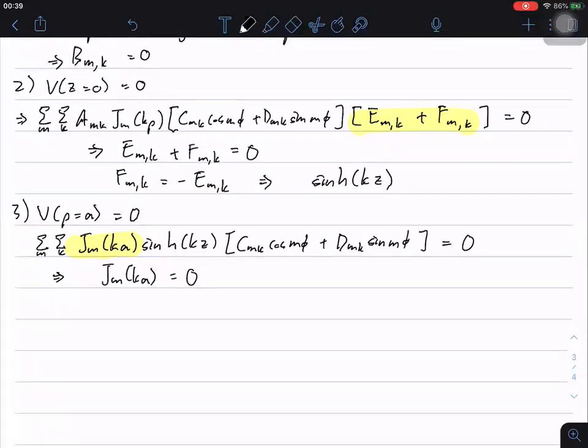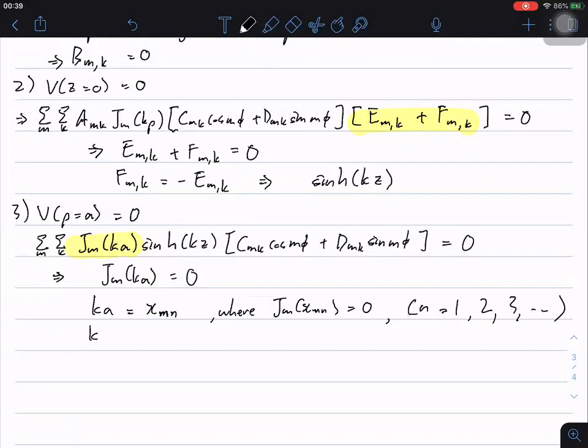Okay, so as I mentioned before, there are an infinite number of roots for the Bessel function. So we have ka equal to the root of the Bessel function, x_mn, where x_mn are the roots. And since we have an infinite number of roots, n goes from 1 to infinity.